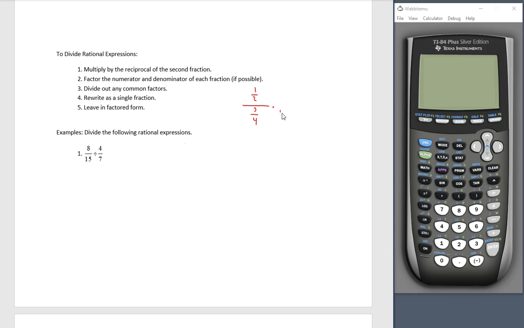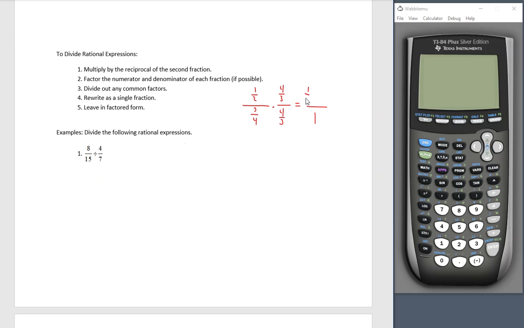So I'm going to multiply by a fraction that is equivalent to 1, right? 4/3 over 4/3 is 1. But I multiply by exactly the right thing so that my denominator is now 1, right? It's the reciprocal. 3 times 4 is 12, 4 times 3 is 12, 12 over 12 is 1.